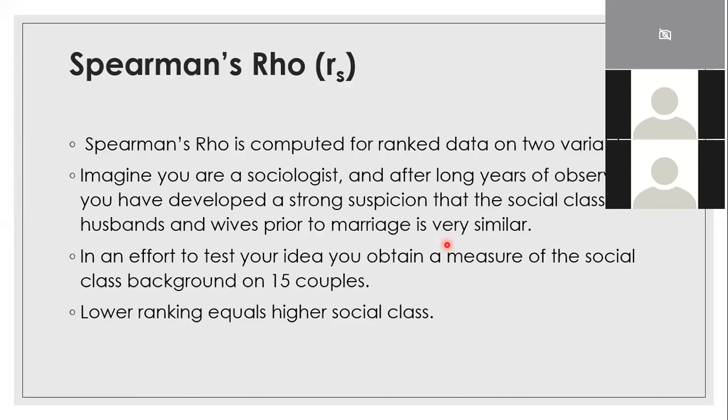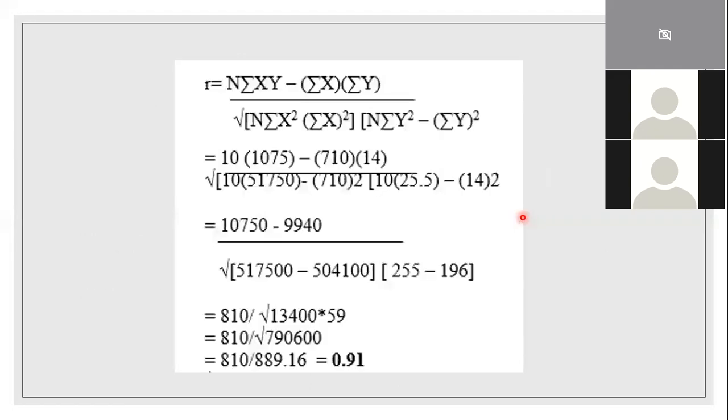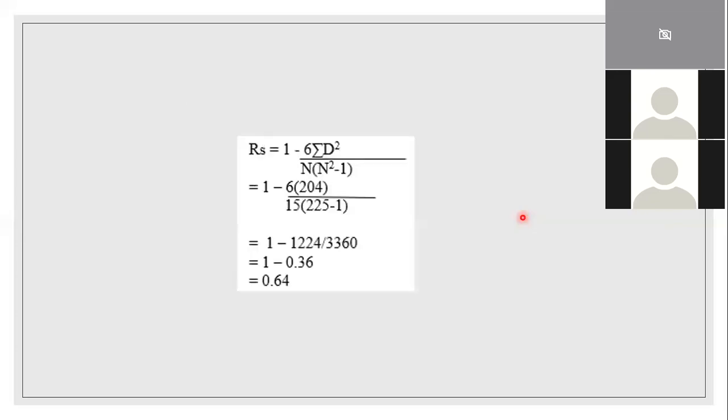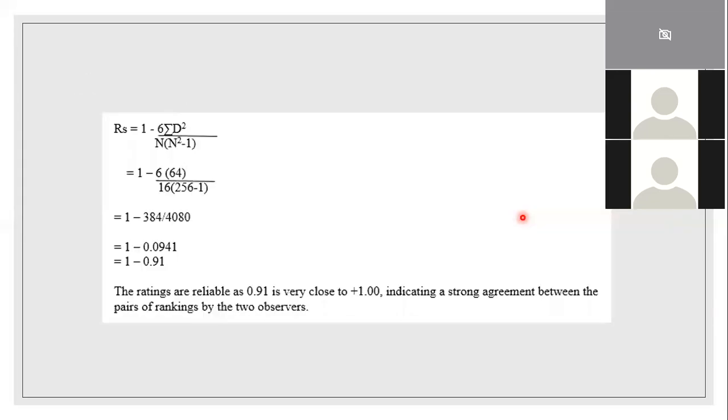You can't subtract 0.0941 from 1 and get 0.5 something. You can't get 0.5 anything from this calculation.